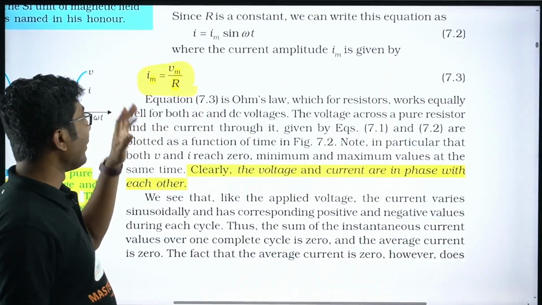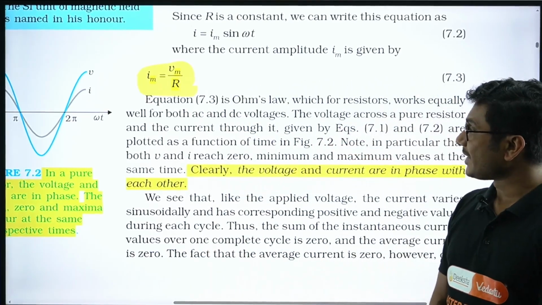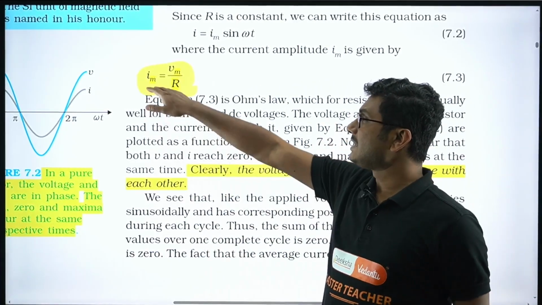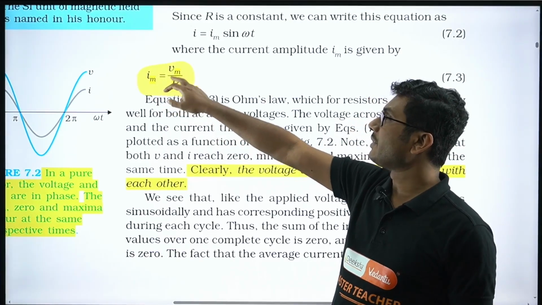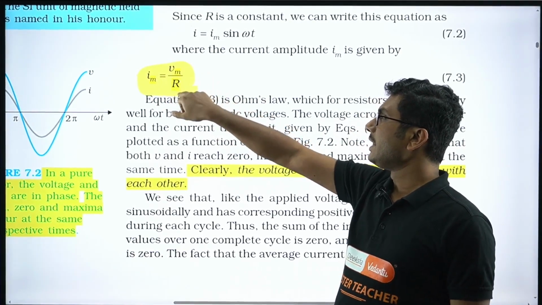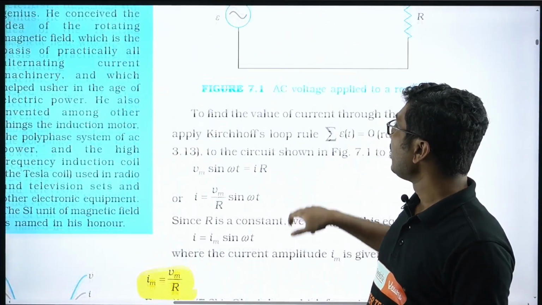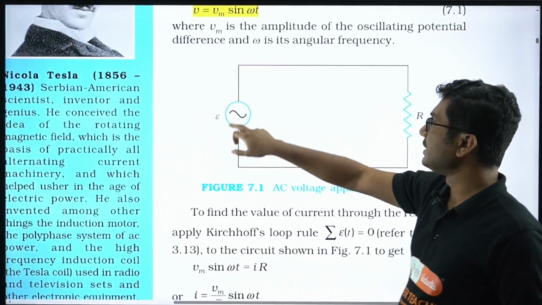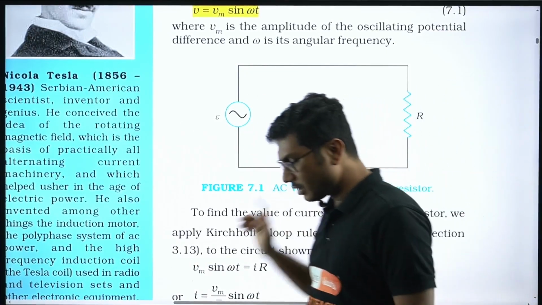Right, now when we are trying to find the current in the circuit, the maximum current, the amplitude of current or peak current, is given by the peak of the voltage divided by the resistor. Now here we are only applying an AC source. This is the symbol for an AC source. AC source is applied to a resistor alone.